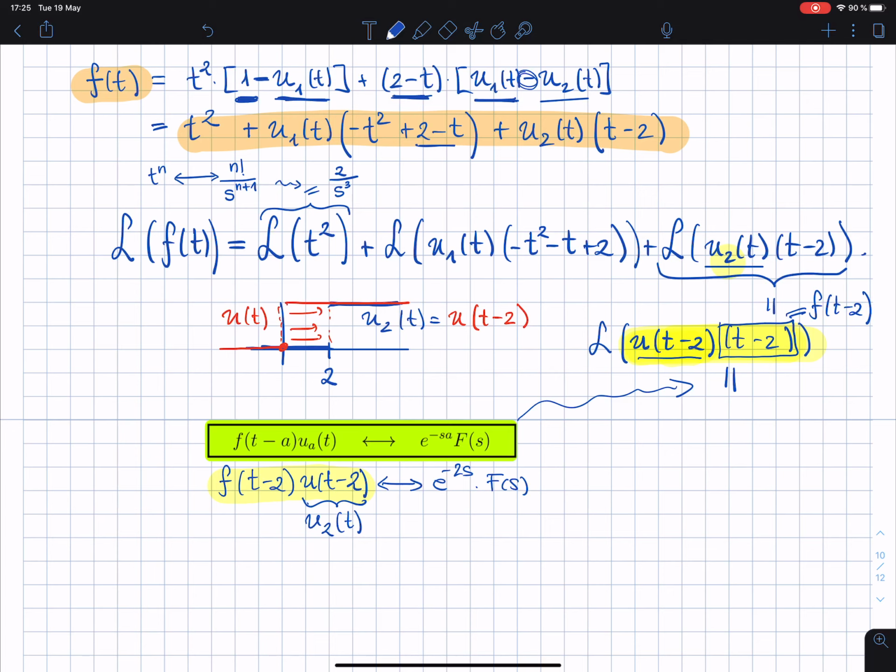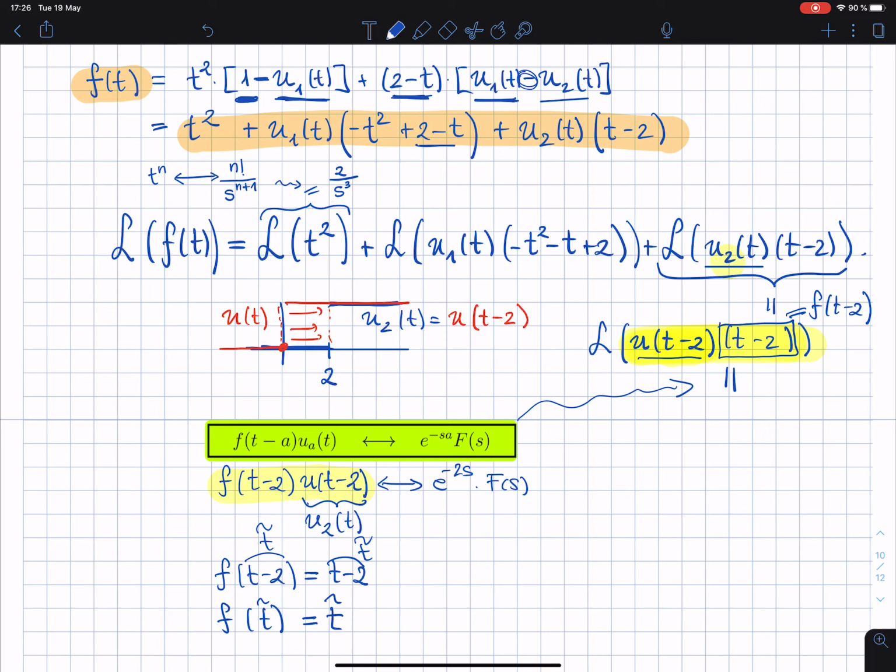Now, if f of t minus 2 is equal to t minus 2, who is f of t? You can think of this as t tilde, like a change of variables. So of course, this is t.